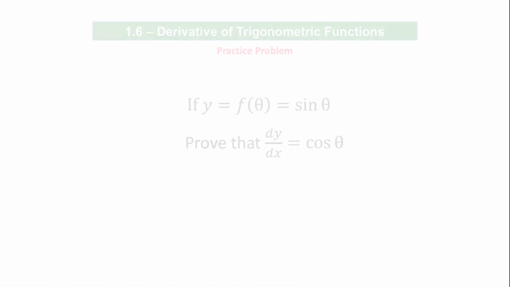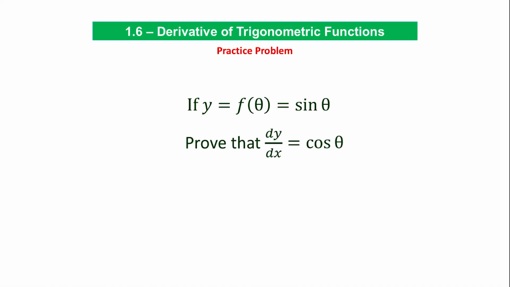And finally, if a function is given as tan theta, the derivative of tan theta will be sec square theta. I would like to leave us with a practical problem: prove that if y equals a function of theta equals sine theta, then the derivative of the function, which is dy/dx, equals cos theta.